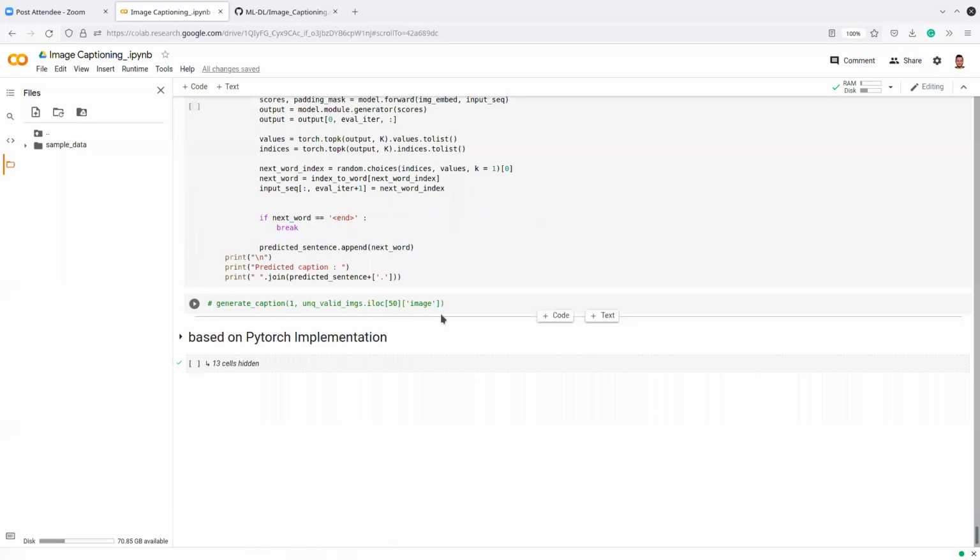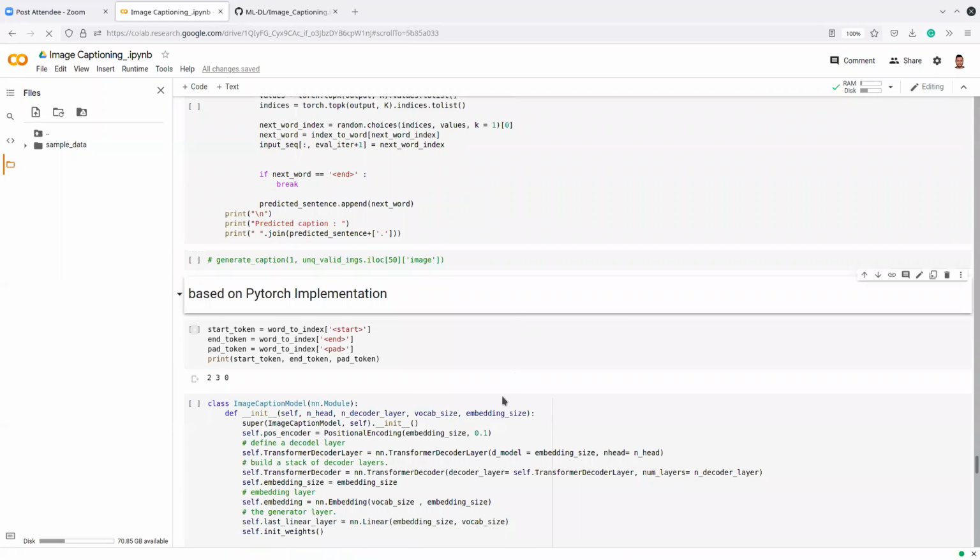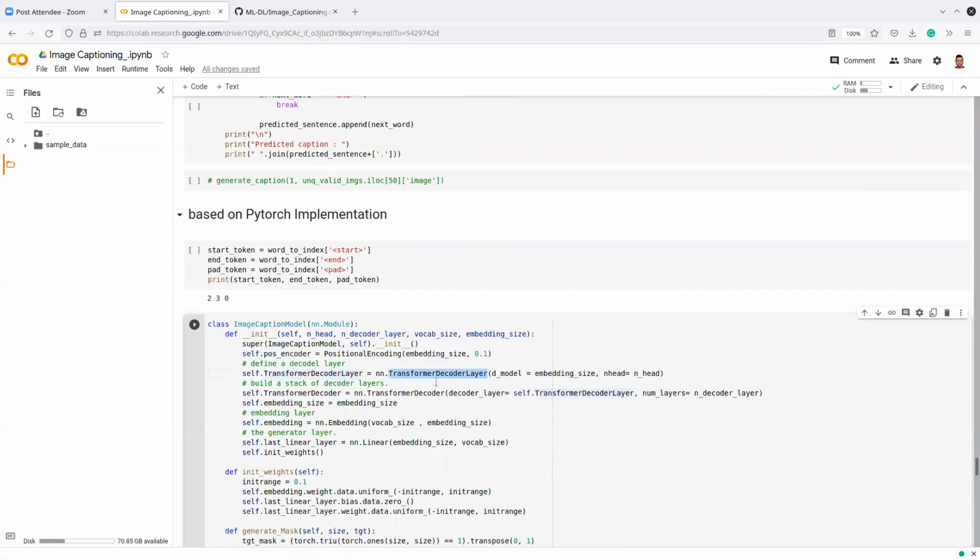So I used the PyTorch implementation of the transformer decoder layer. We just give the dimension of the model and the number of heads, and then we build the transformer decoder by telling how many layers we want.